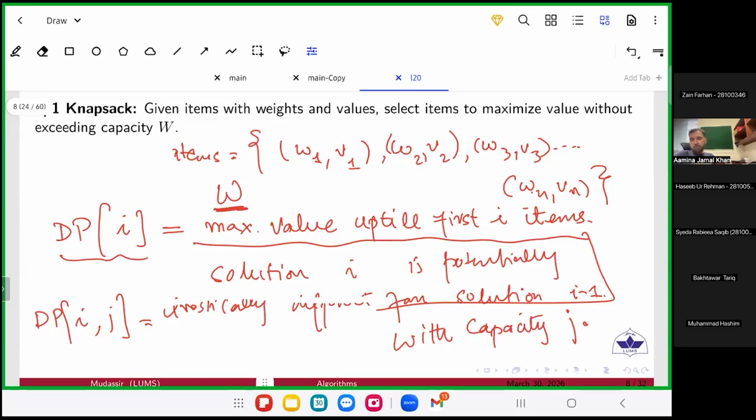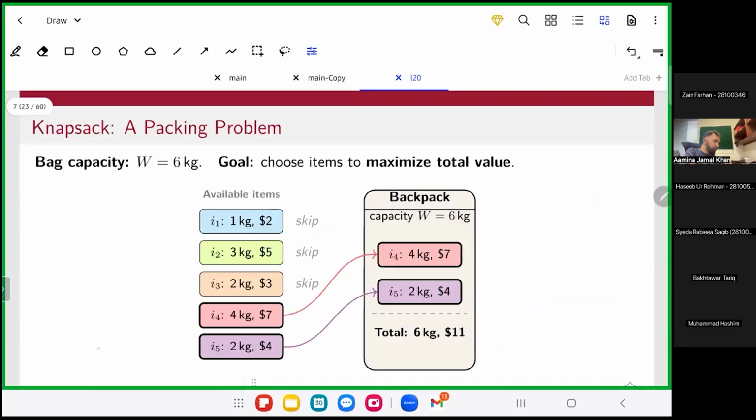J is not the remaining capacity, J is the capacity that I am changing. So for example, DP of N comma W is the solution I'm looking for, right?